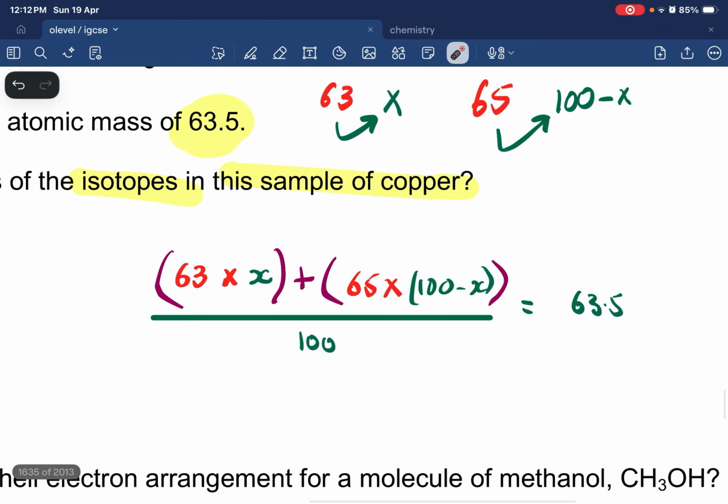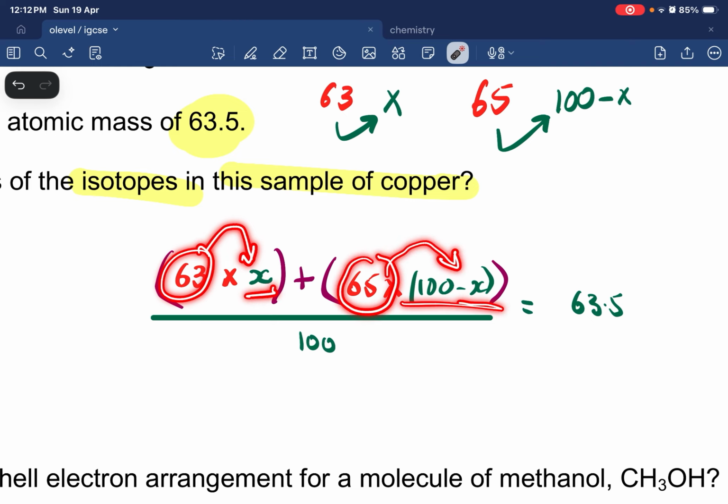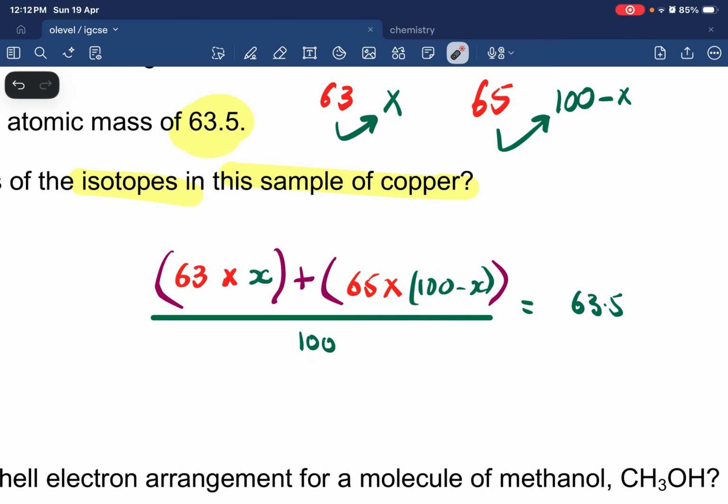We multiply the mass with the abundance of the first isotope, plus the mass of the other isotope multiplied with the abundance of the other isotope, divided by 100.